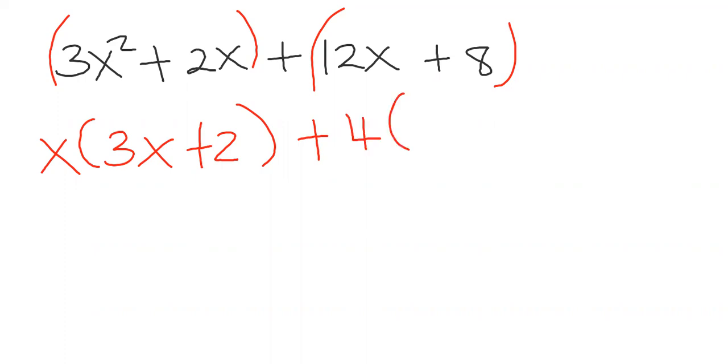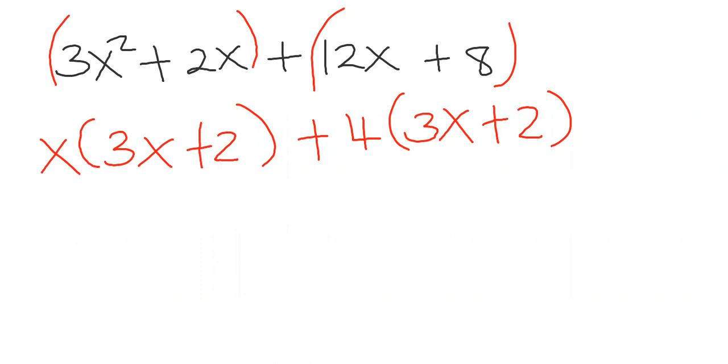So we put the 4 outside the bracket, and then here we have the 3x plus the 2. I've skipped some steps deliberately because I want to believe that by now you should know how to factorize, just simple factorizing, that we did in the previous video.